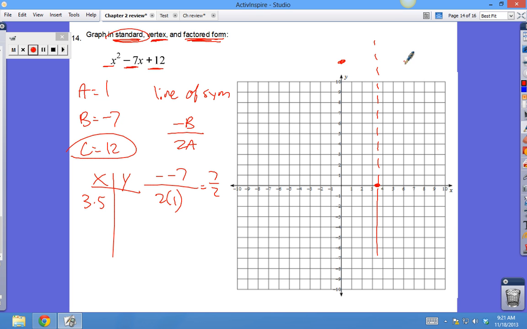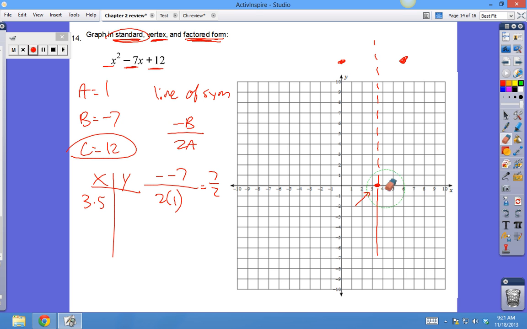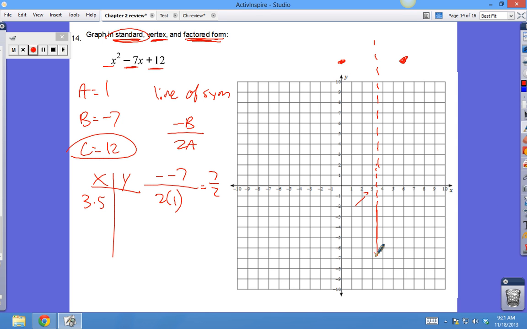This point reflects across somewhere over here. And now, this is not a dot. I should erase that. That's just how far I'm going over. Because the question is, I got to find that vertex. The only way to find the vertex, take 3.5, plug it into your model, square it, plug it in here, so it's going to be 3.5 squared minus 7 times 3.5 plus 12.